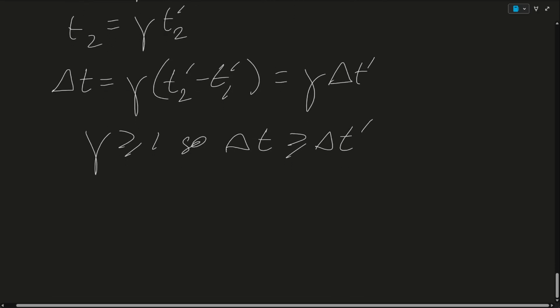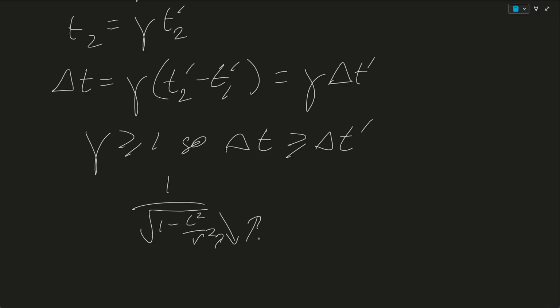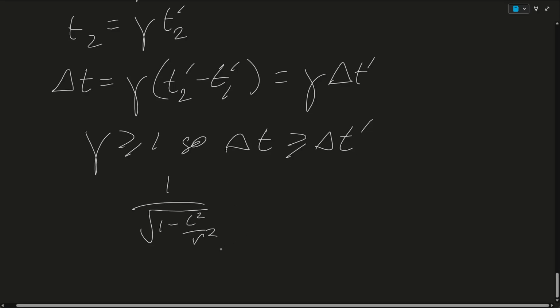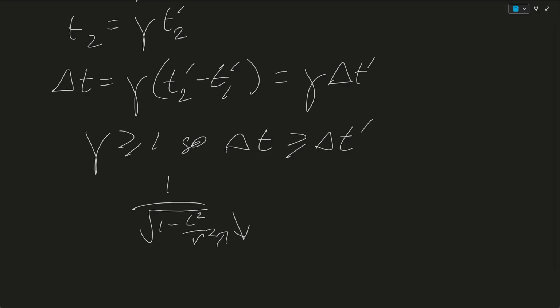If you even just look at it, it's 1 over the root of 1 minus c squared over v squared. So as v increases, v squared increases, so that whole fraction decreases.